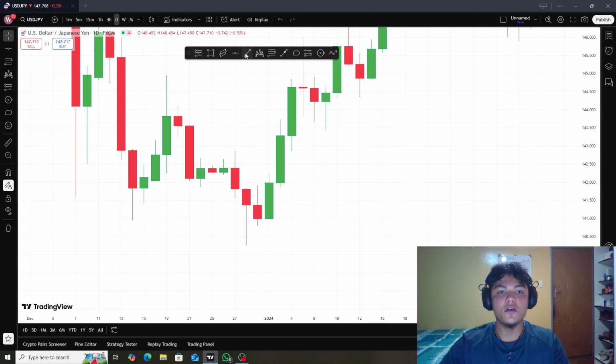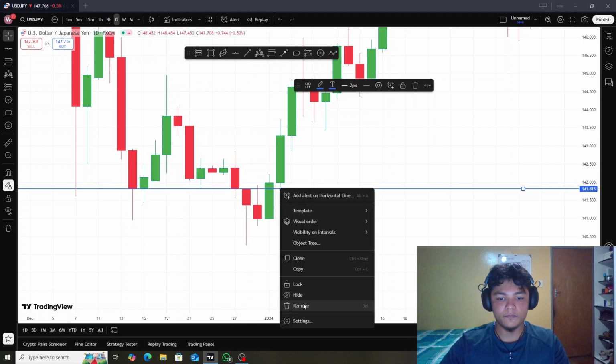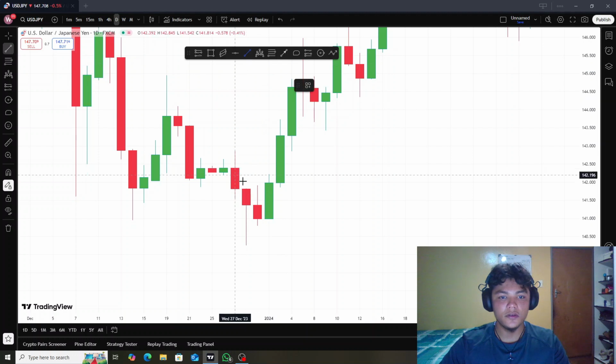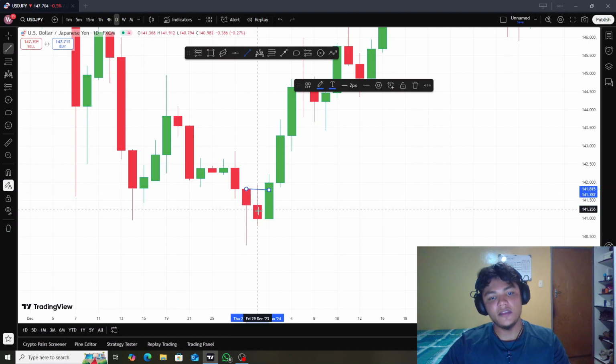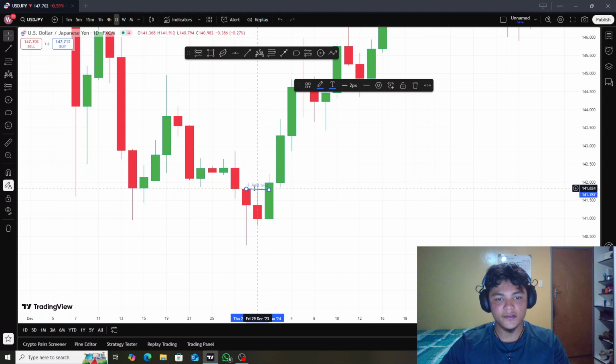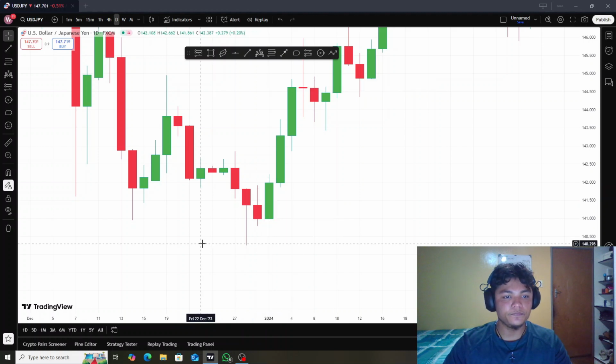So this is known as a bullish engulfing candlestick. As you can see, this body starts there. This whole green candlestick is bigger than two of these red candlestick bodies. That's a bullish engulfing. It's engulfing the red candlesticks.